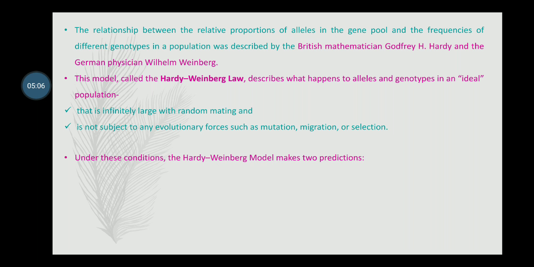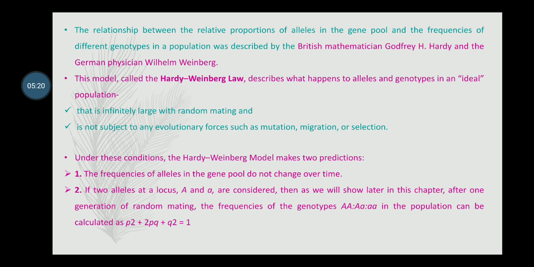Under these conditions, the Hardy-Weinberg model makes two predictions. Number one, the frequencies of alleles in the gene pool do not change over time. And number two, if there are two alleles at a locus, for example capital A and small a, then we get the equation p square plus 2pq plus q square is equal to 1, where p square is the genotype capital A capital A, that is the homozygous dominant.